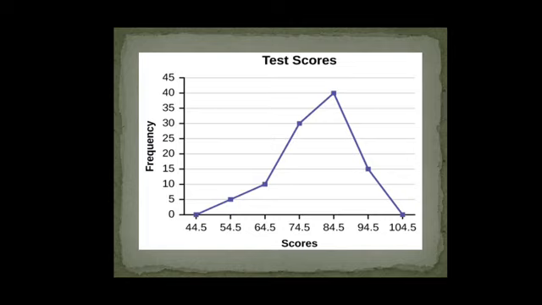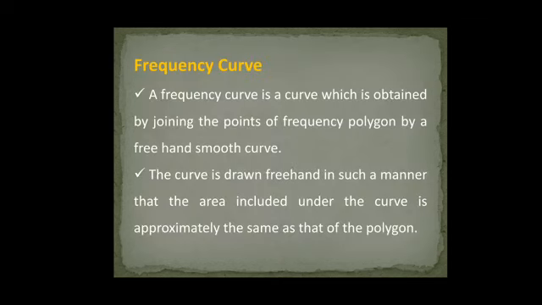Dear students, if the points of a frequency polygon are joined not by straight lines but through a freehand smooth curve, it will be known as frequency curve. Thus, a frequency curve is a curve which is obtained by joining the points of frequency polygon by a freehand smooth curve.